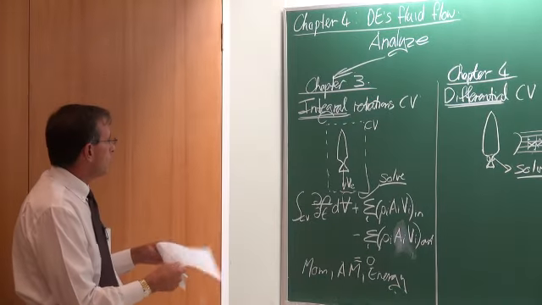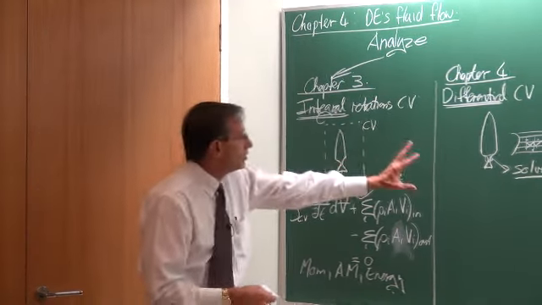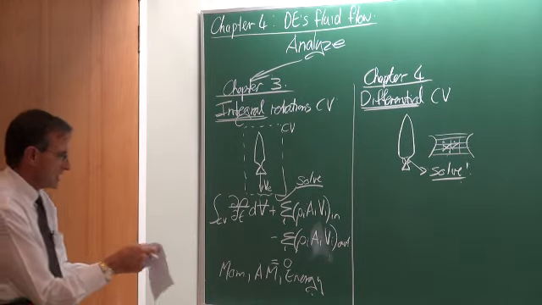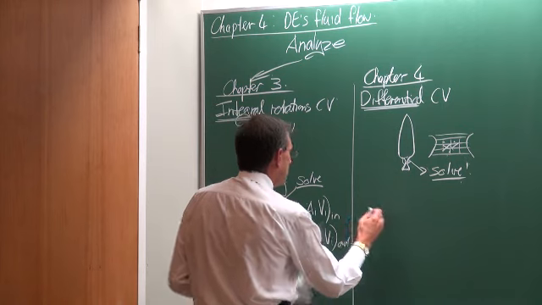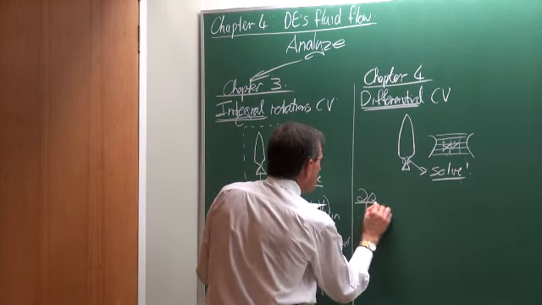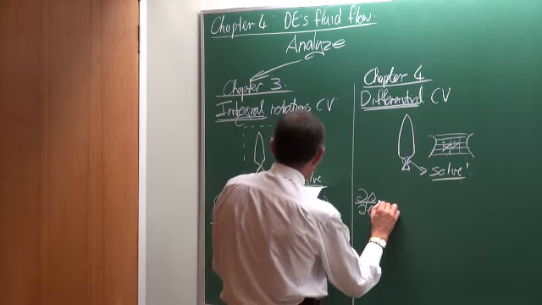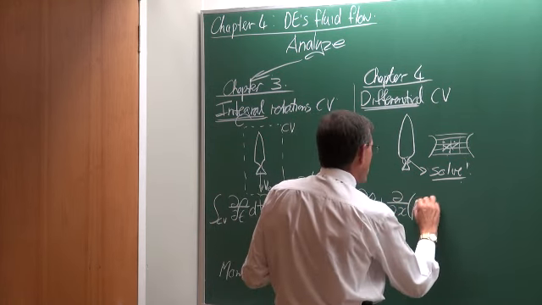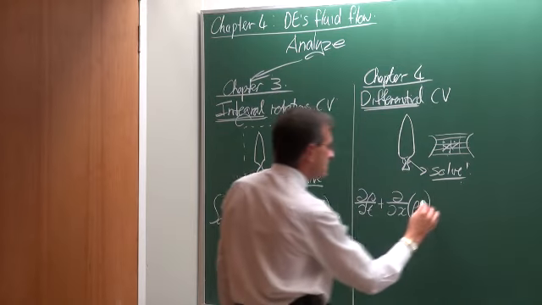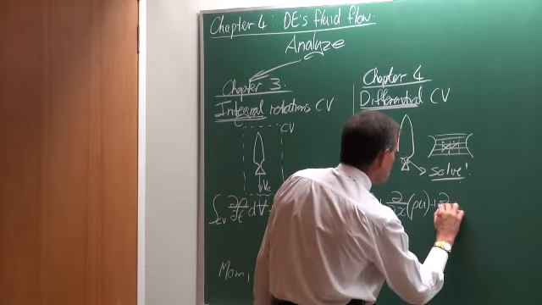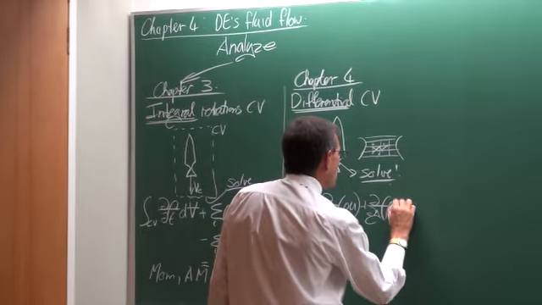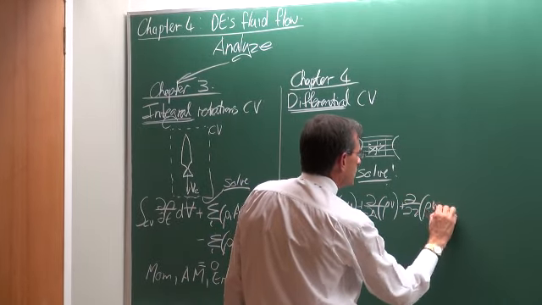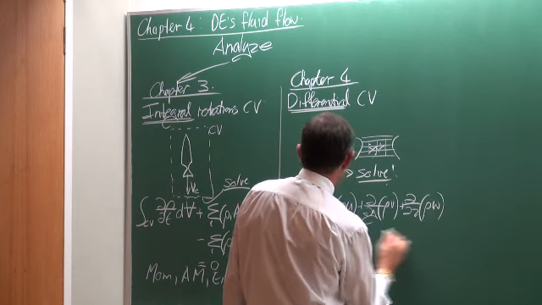Okay, now the differential equations in comparison with the integral equations typically look like this. Partial dρ/dt plus ∂/∂x of ρu plus partial ∂/∂y of ρv plus partial ∂/∂z of ρw is equal to 0.